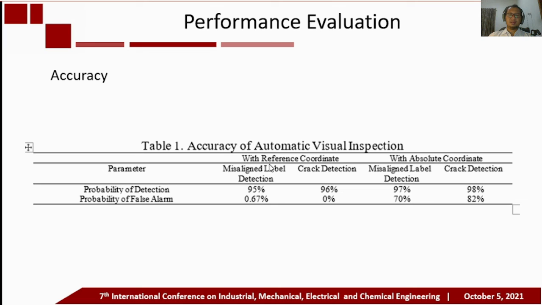It shows that with the reference coordinate it is better because the probability of false alarm is 0. But without using the reference coordinate, the probability of false alarm increases.